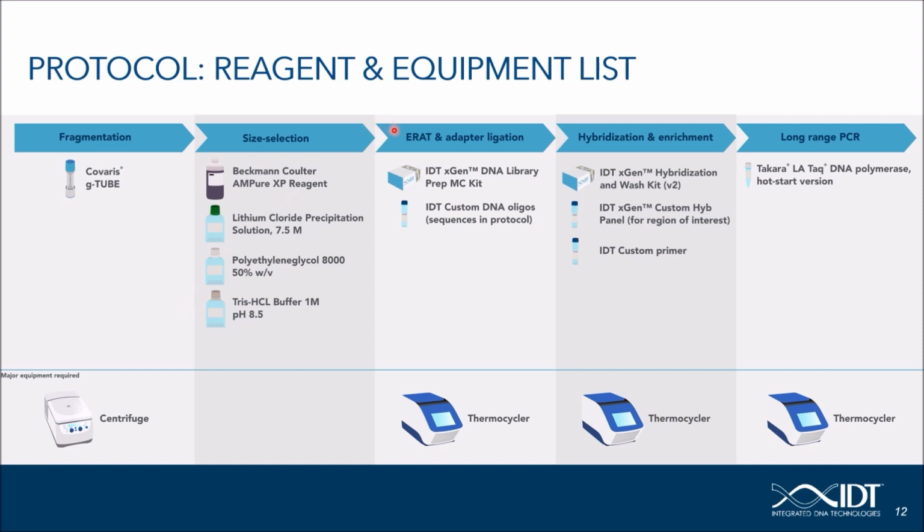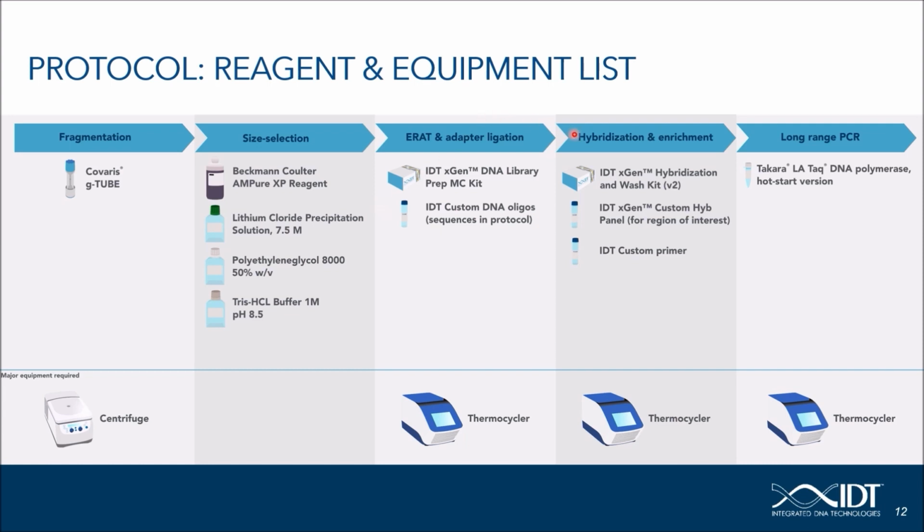The end repair, A-tailing and adapter ligation is performed using the IDT xGen DNA Library Prep MC kit, as well as IDT custom DNA oligos. You would need these oligos for barcoding your fragments, and you would need a respective amount of these barcodes depending on the size of your target loci and depending on how many fragments you want to pool together.